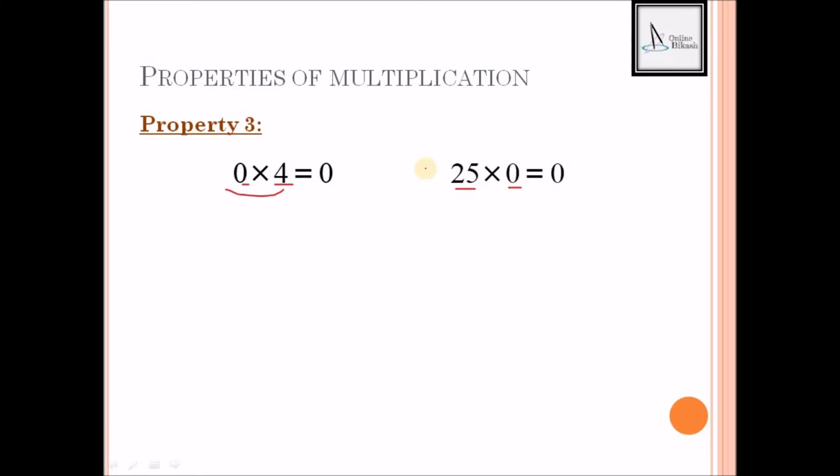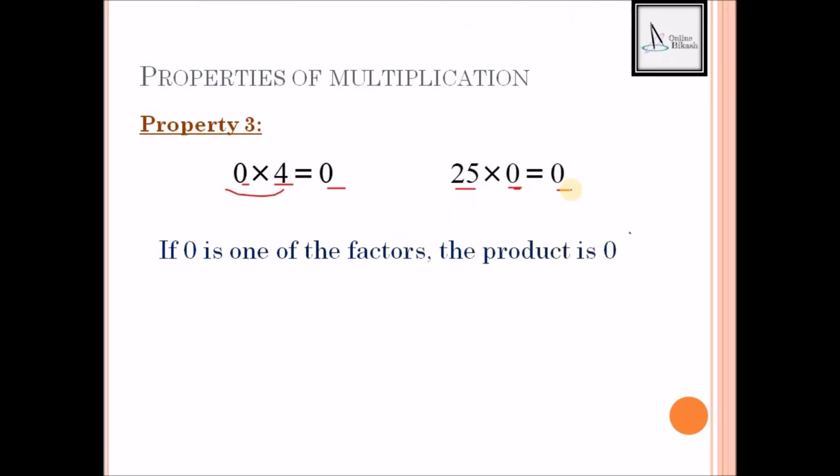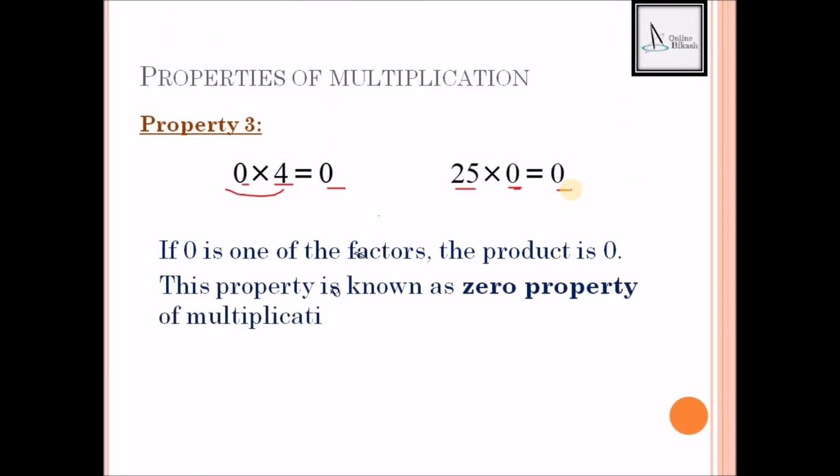You can see when one of the factors is 0, the product becomes 0. So this is also a property. We can say if 0 is one of the factors, the product is 0. Meaning to say, if you multiply anything with 0, your result is 0. And this property is known as the zero property of multiplication.